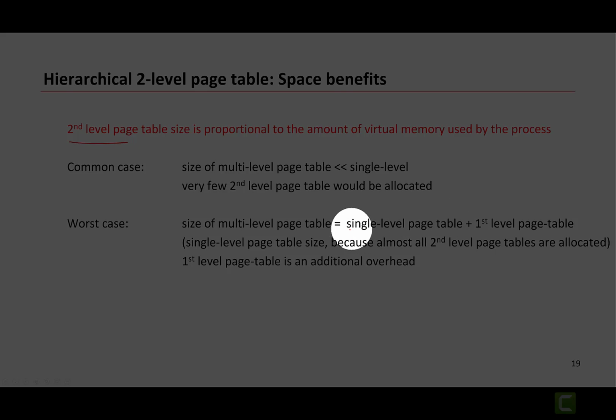So in the worst case, I need all the second level page tables, which basically means I would have all the single level page table entries plus the first level page table. So in fact, in the worst case, my multi-level page table would consume more space than the single level page table, because my first level page table is purely an overhead at that point.